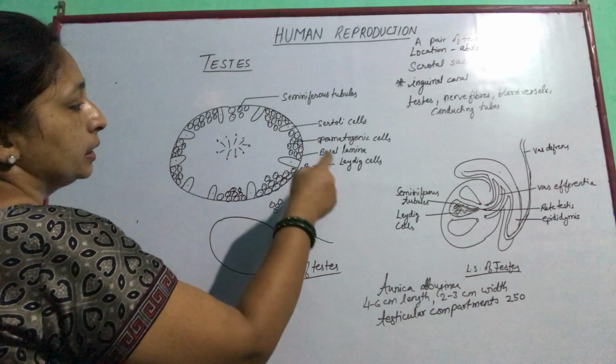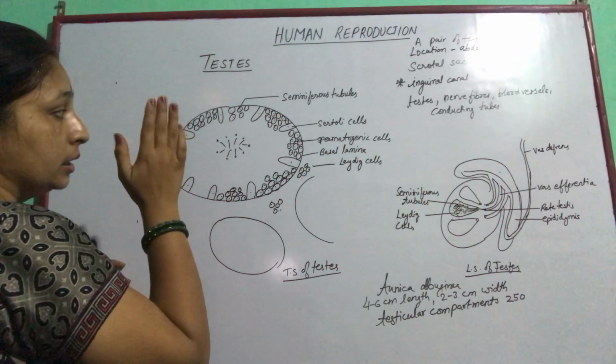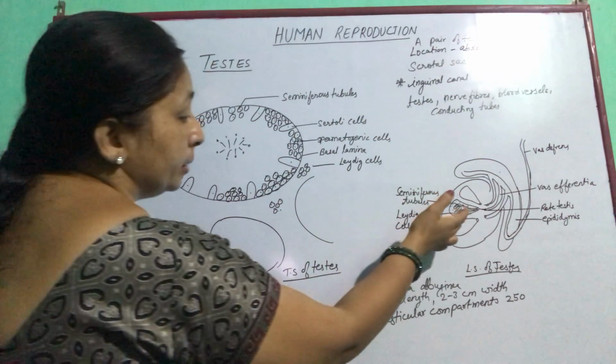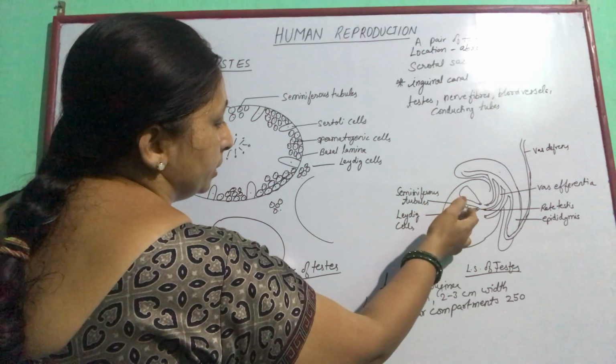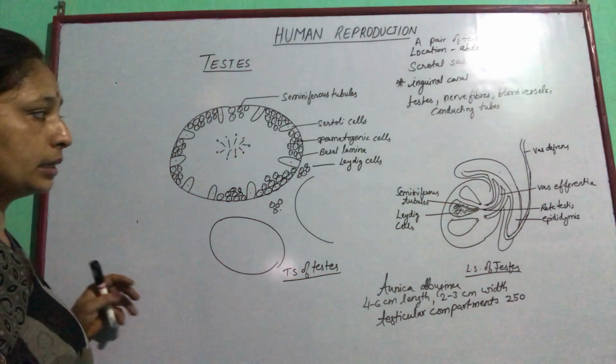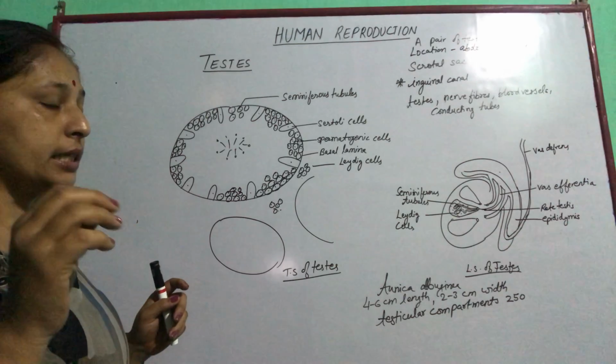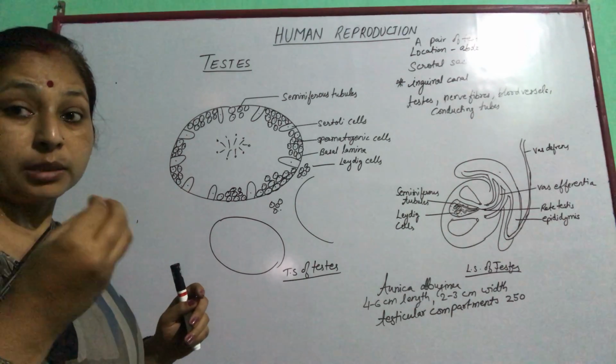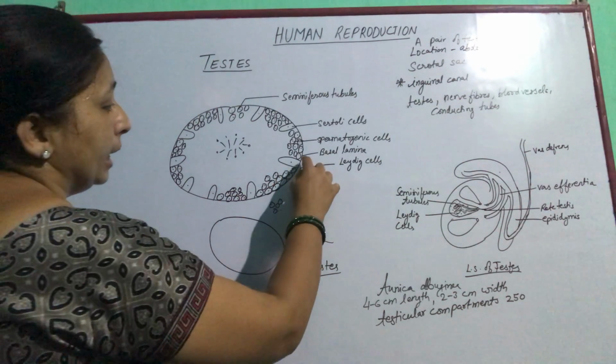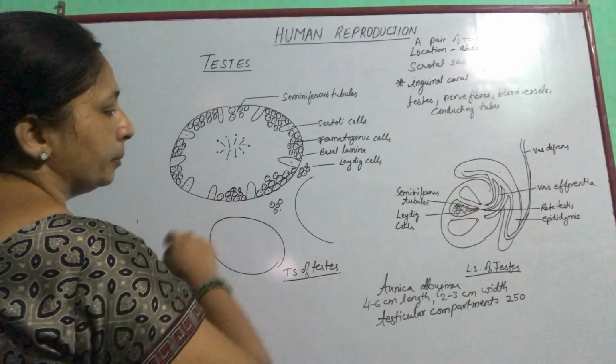Sertoli cells are present here, between the compartments. These are the developing spermatogenic cells which form the sperms. This outline is the basal lamina.